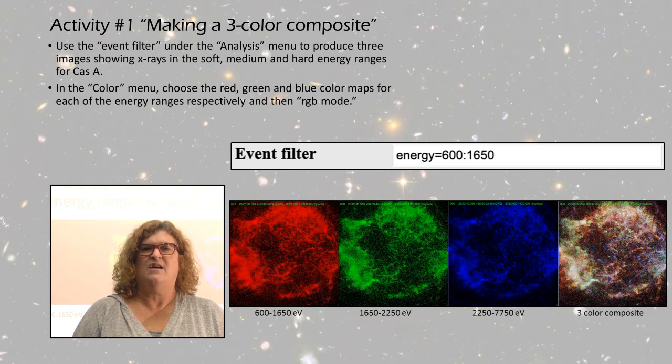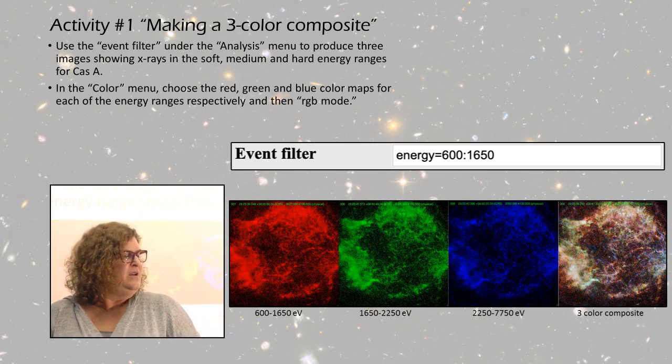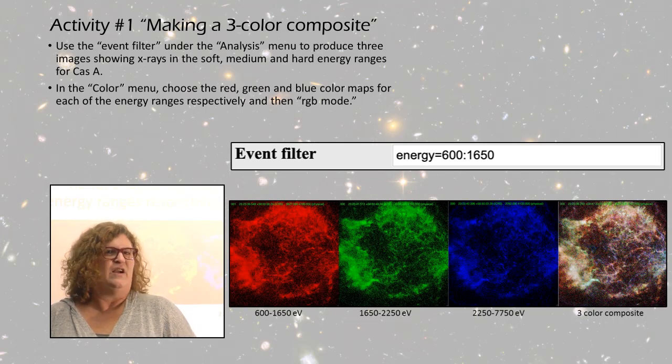So in JS9, under the analysis menu, you can use an event filter, and if your goal is to filter out just the photons that are within a certain energy range, we picked 600 to 1650 for the lower end of the energies for X-rays, called soft X-rays, and used the red color map for that one. You can see these at the bottom of the screen.